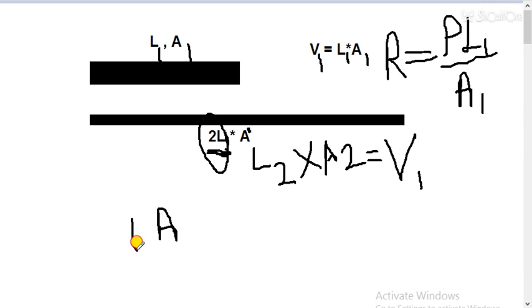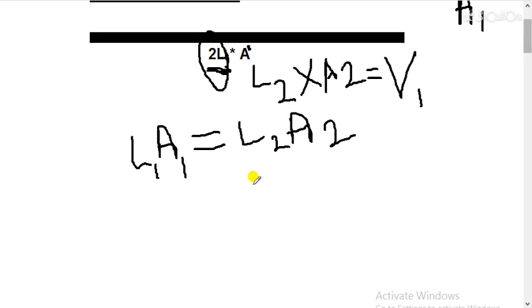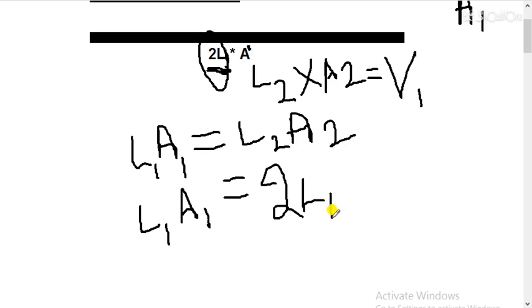So L1 into A1 is equal to L2 into A2. Now we know L2 length is twice, so L1 into A1 is equal to 2 times L1 into A2.